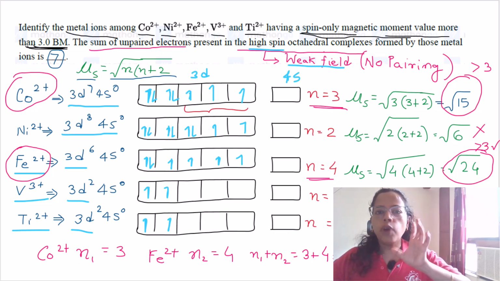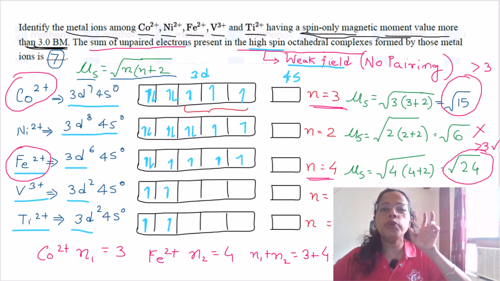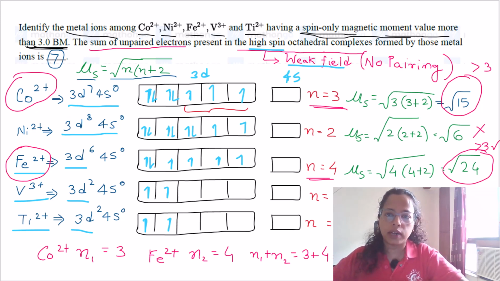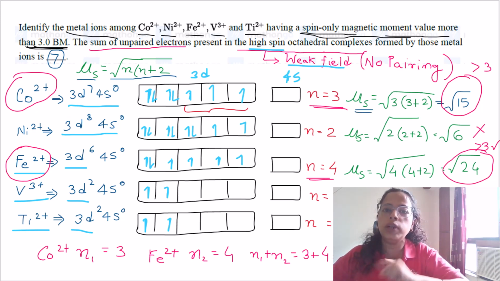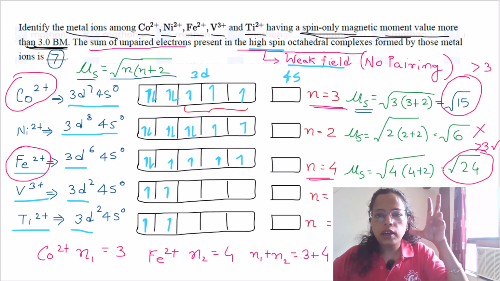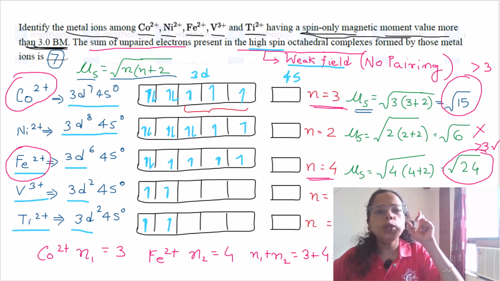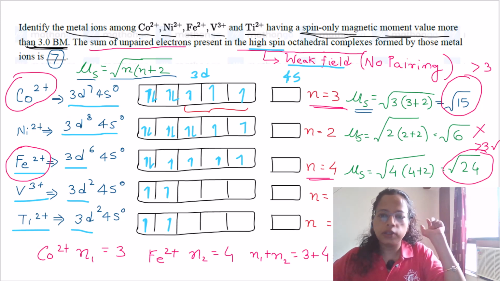So what we did in this question: we have to read the question very carefully and understand what it is asking from us. First of all, we noted the given ions in their respective oxidation states. We wrote the electronic configurations for these ions. Then we found the number of unpaired electrons, and from those we found the μ spin-only value.